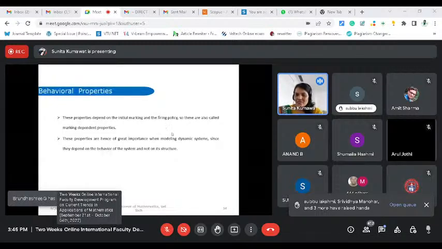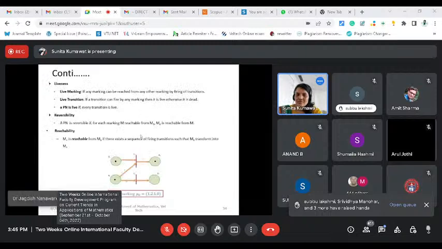Similarly, in any system which depends on the user, behavioral properties are analyzed. So these properties are of great importance when modeling dynamic systems, because they depend on the behavior of the system, not on the structure. That's why behavioral properties have importance.